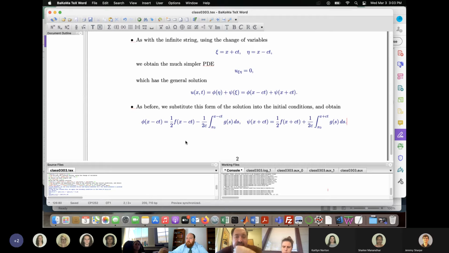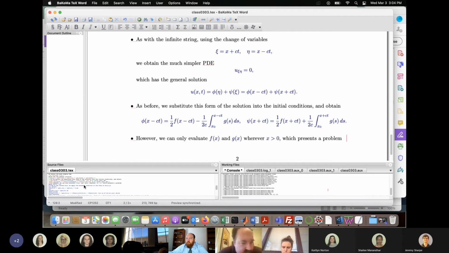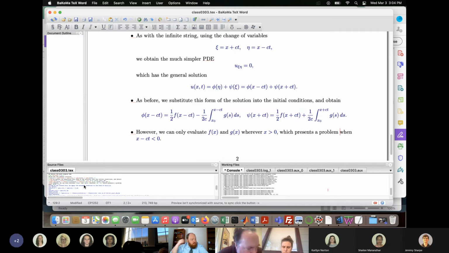We have to figure out what we're going to do whenever x is less than ct. So for any particular t value, for x sufficiently small, this is invalid. So the way we get around this is to use a boundary condition.